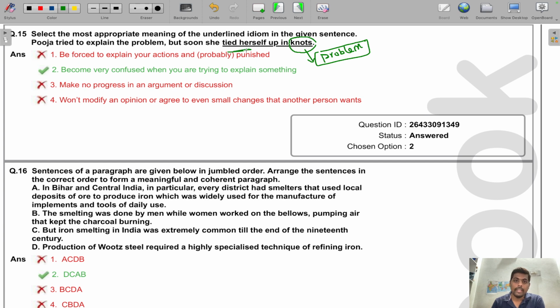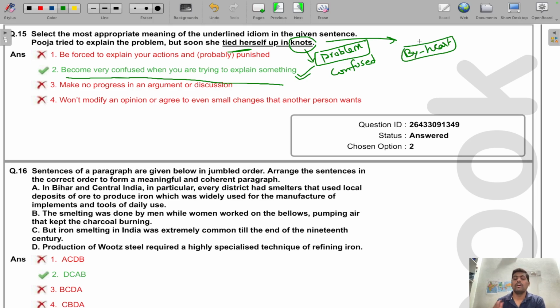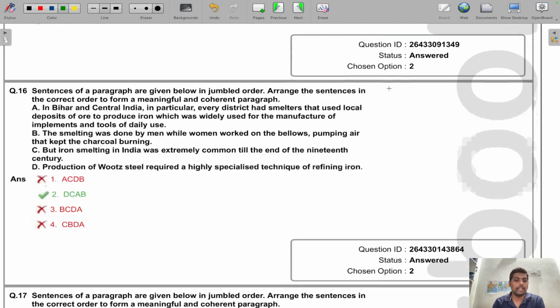So tied herself up in knots means you are getting very confused, you can say problem or confused also. So become very confused when you are trying to explain something. This is the most appropriate, guys. You have to learn it by heart, guys. There is no other way. You have to learn the idioms by heart, then only can you solve these kinds of questions.